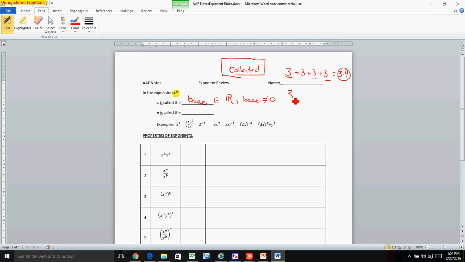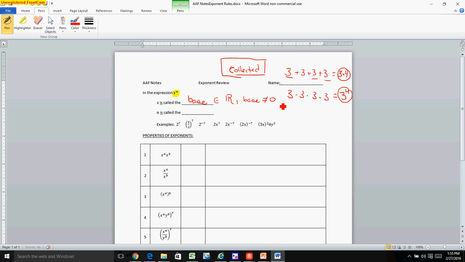Well, what is 3 times 3 times 3 times 3? Repeated multiplication is written this way: 3 multiplied by itself 4 times. 3 times 4 is really 3 added to itself 4 times. Repeated addition is actually multiplication. Repeated multiplication is exponentiation, right?